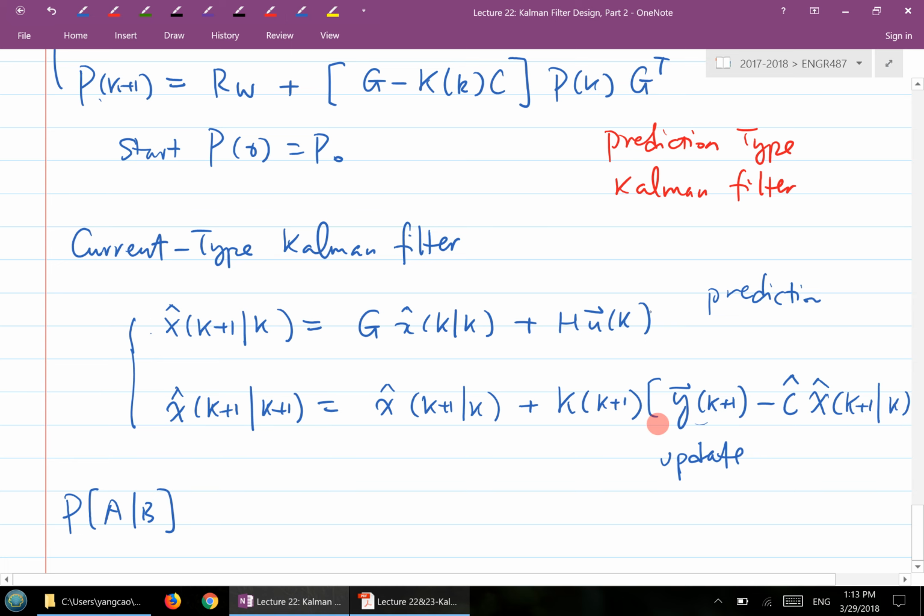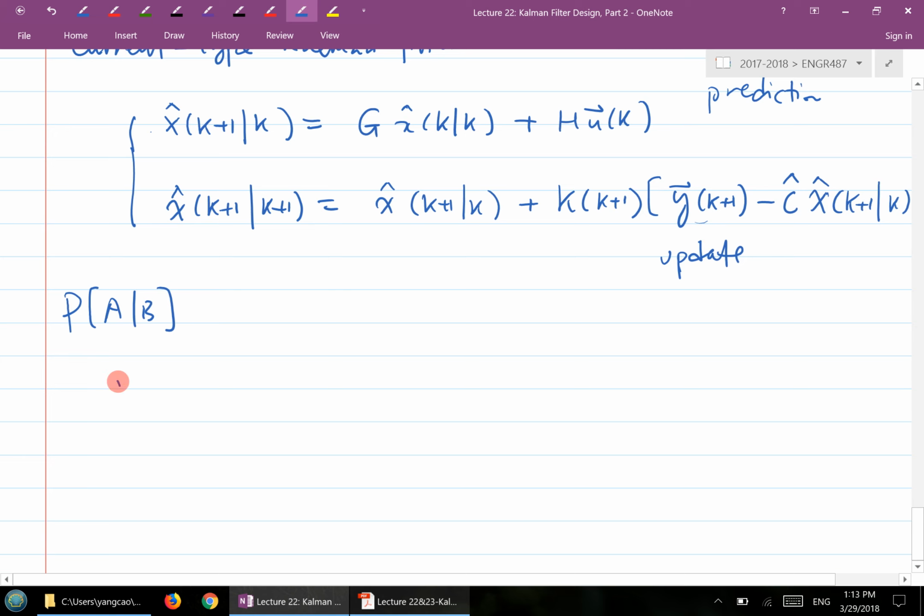Okay. So what you do next is essentially the same idea. What we're trying to do is minimize P of k plus 1 and k plus 1. Okay, because the notation is slightly different from the previous observer design or Kalman filter design. And this is the expected value of E of k plus 1 times E transpose k plus 1.